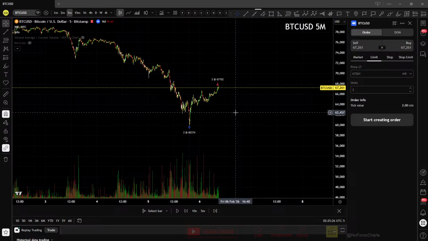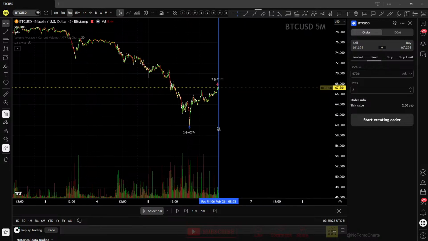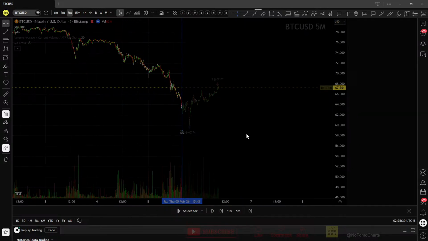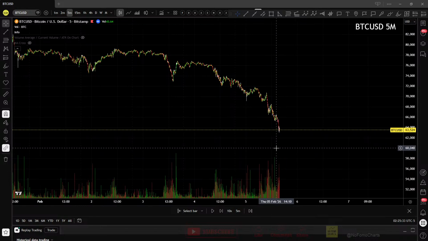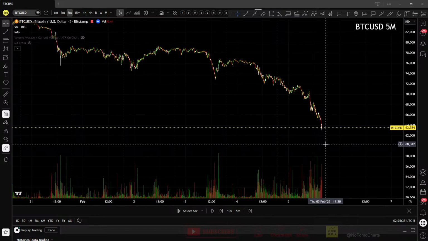So the correct position size, let me rewind. For most people starting out, if somebody's a beginner, I would recommend don't even risk real money. That's one life lesson that I had to learn the hard way as a trader for 9 years.